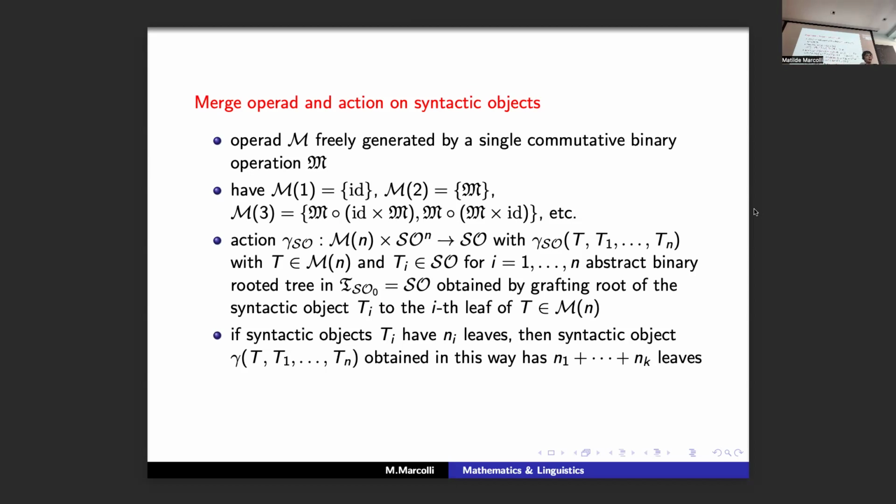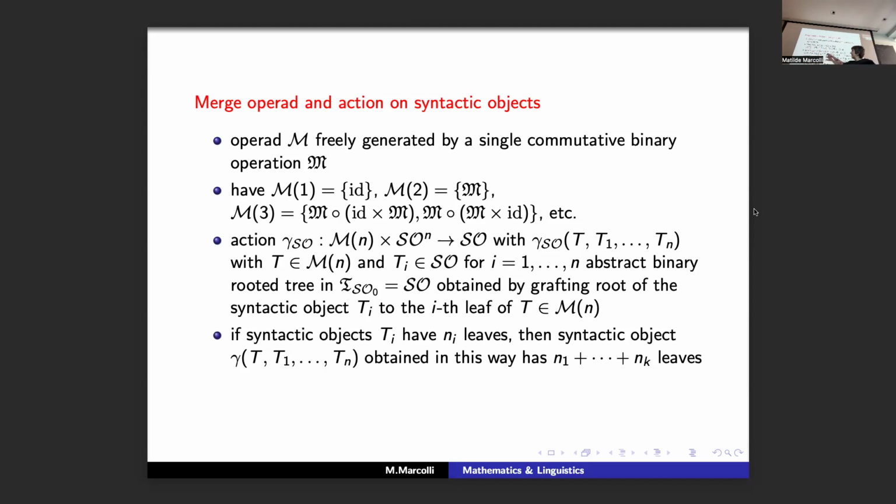And these clearly form an operad, because you can compose them. If you have a certain sequence of applications of this operation in a certain order, you can compose that with another such combination, in exactly the same way as operad composition works.